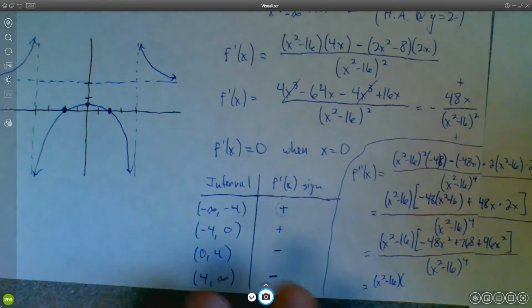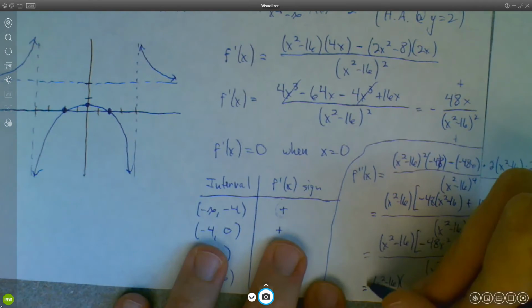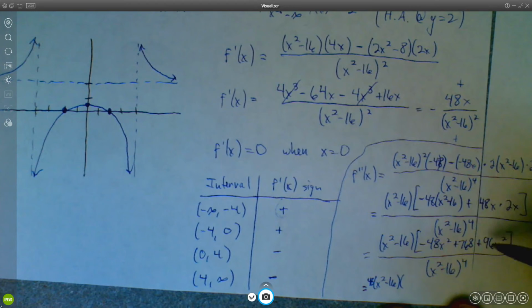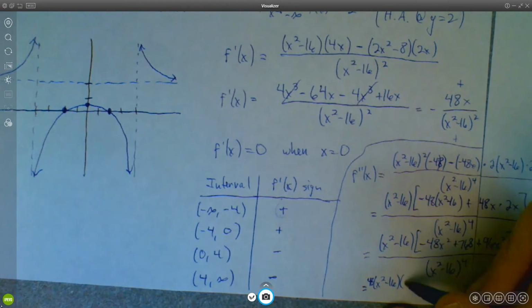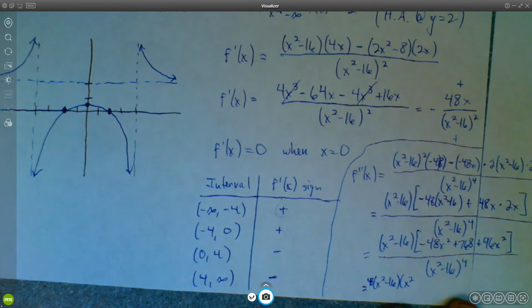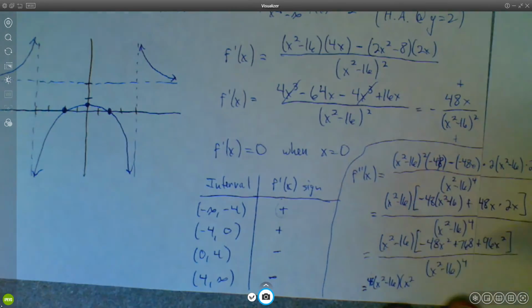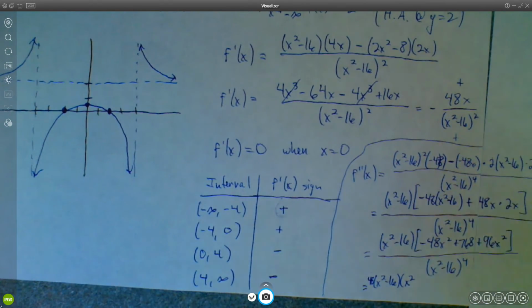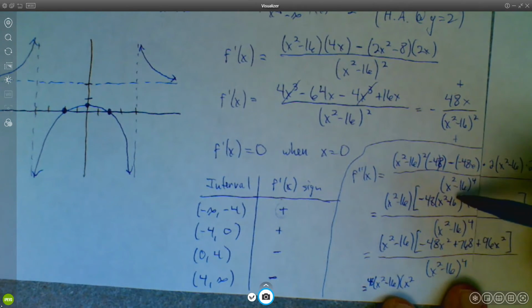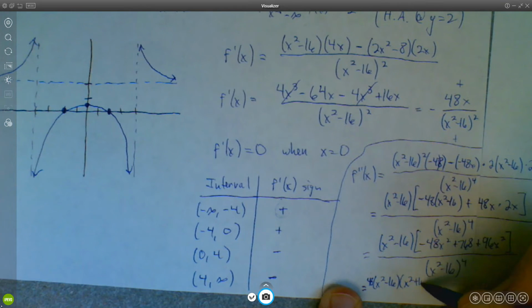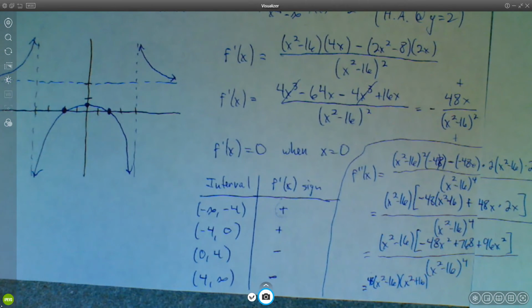So I'm just going to factor out the 48. Maybe I'll put it out here in front. 48. And then what would I be left with? Well, I would be left with x squared, right? Because 96 minus 48 is 48, and I factored it out. And then 768 divided by 48 would just be 16. So it's x squared plus 16. That's interesting.